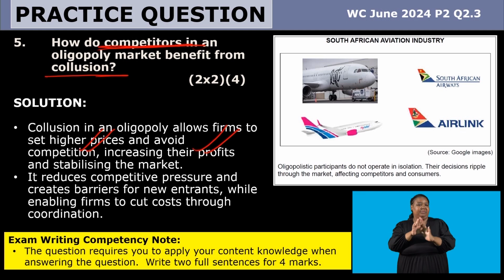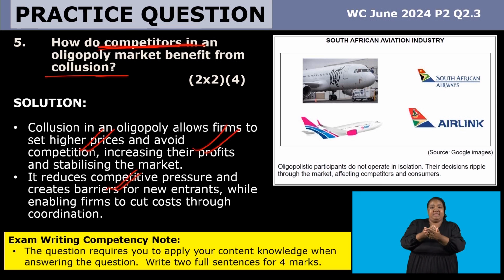It reduces competitive pressure and creates barriers for new entrants while enabling firms to cut costs through coordination. It creates barriers in the sense that when oligopolists collude, they operate as a collective monopoly. So they have more power to dominate the market and close doors for any potential entrant that wants to come into the market.